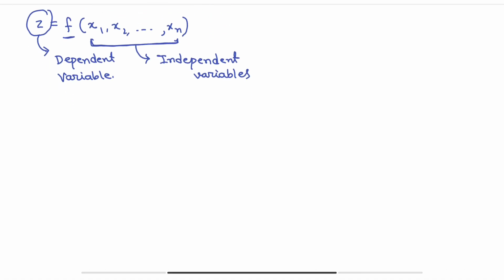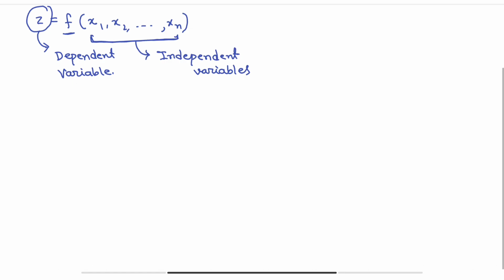So let's come to the point limit. What is limit of this type of several variable function? First of all let me tell you, limit is two types. First one is simultaneous limit.